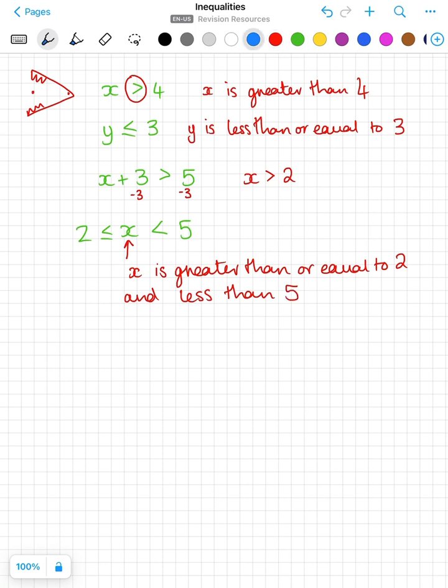So here let's have a look at listing the possible integer, whole number values that x could take. So x is greater than or equal to 2, so it could be 2, 3, 4, but it cannot be 5 because we do not have that or equal to 5.